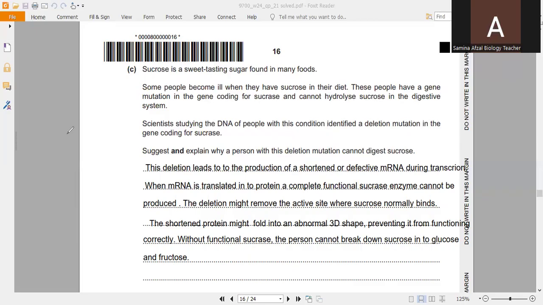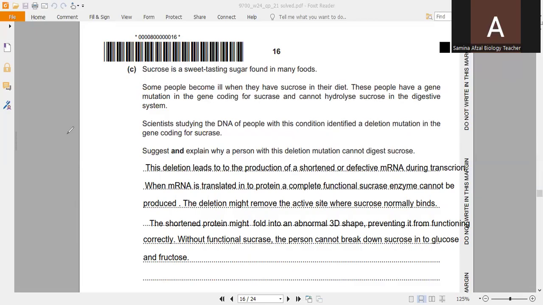First of all, I will explain this. Sucrose is a common sugar that is typically broken down in the digestive system by the enzyme called sucrase.